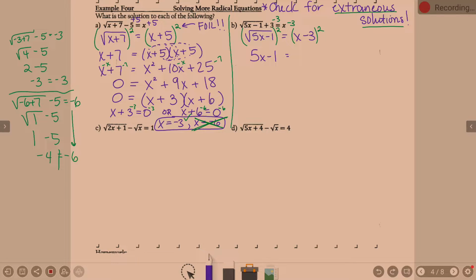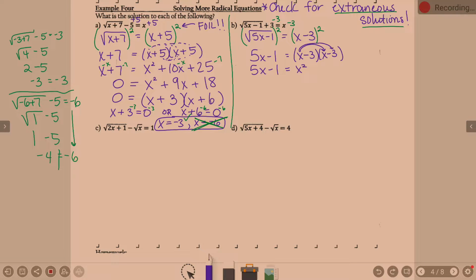Okay, so it's not just x squared plus 9, is it? Whatever it is, it's not x squared plus 9. There's more to it. So we do need to FOIL this, don't we? Yeah. Okay, so 5x minus 1, when we FOIL, x times x is x squared.